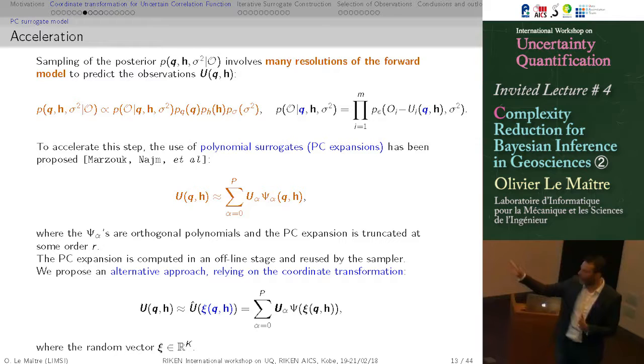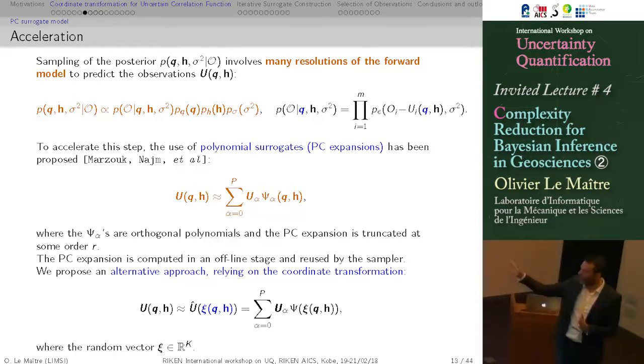This is what we wanted to achieve. However, you still have to evaluate the likelihood of the observation, which means that you have to evaluate your model for this particular value of Q and hyperparameter. This can be very costly, as has been discussed in previous presentations. So we want to rely on polynomial surrogates.